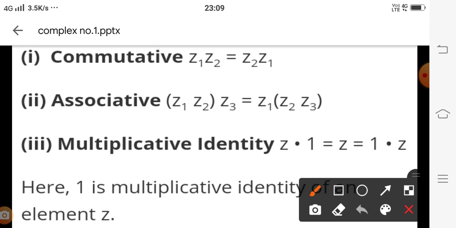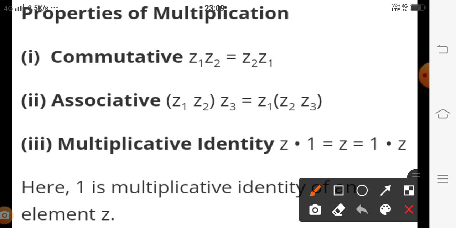In properties, if you observe here, multiplication also follows the commutative law: z1 into z2 is equal to z2 into z1. Multiplication also follows the associative law: z1 into z2, multiplied by z3, is equal to z1 into the product of z2 and z3. Then we have the multiplicative identity.